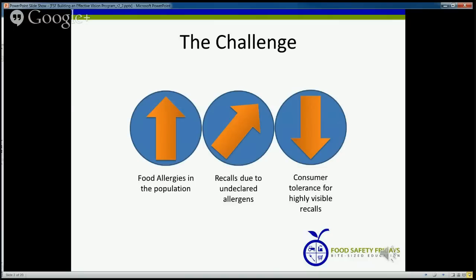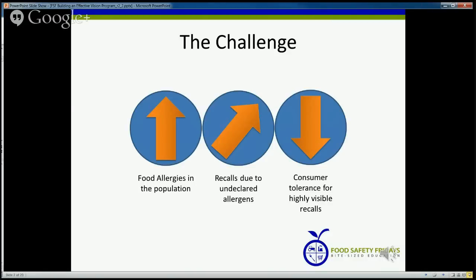That constitutes about 8% of those under the age of 18 and about 2% of adults. Those who have food allergies, about a third have multiple allergies, and 4 in 10 of those have severe reactions to the food that they're allergic to. So this is a growing problem because we are experiencing more and more food allergies in the population.